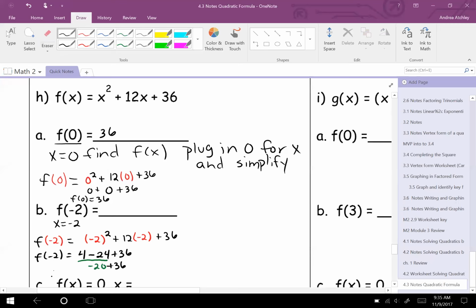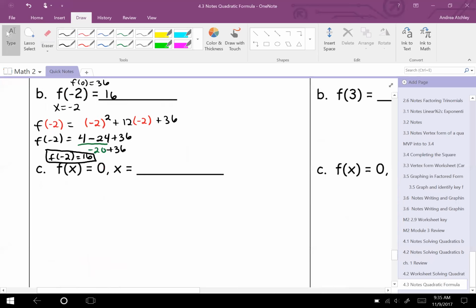And then I'm going to get f of -2 equals 16. Any questions over that? We're good.